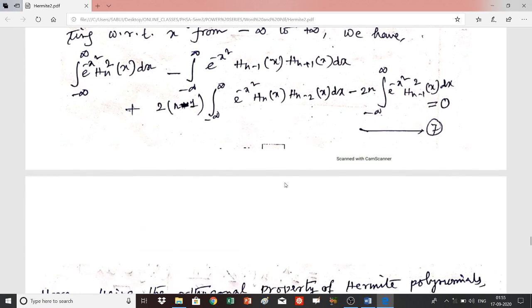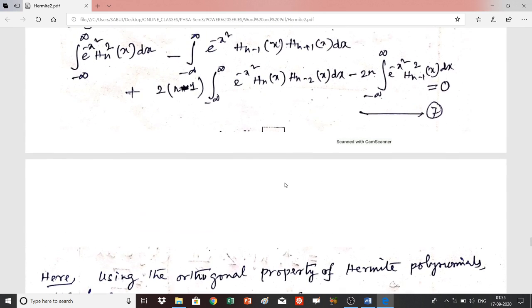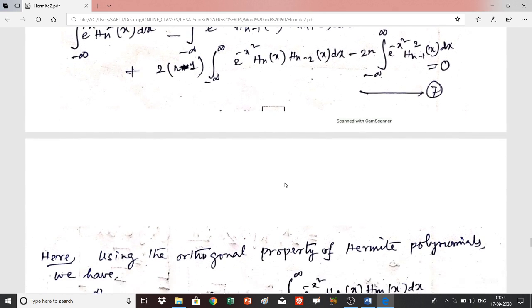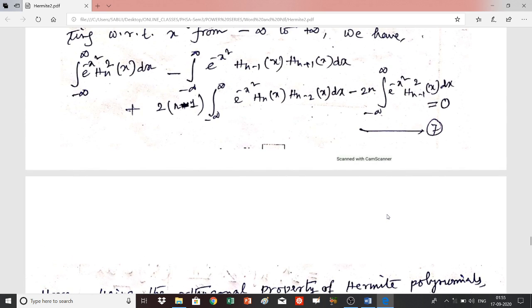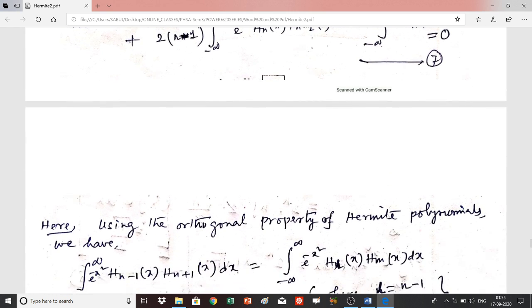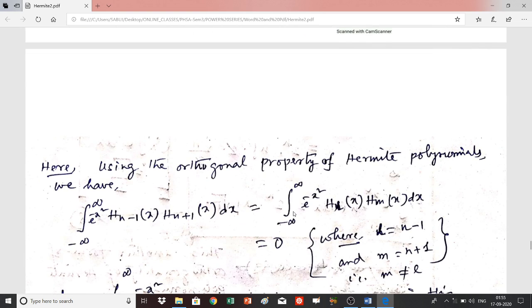From this equation, you use the orthogonal property of the Hermite polynomials that was given in the first case. The orthogonal property is the integral from minus infinity to plus infinity of e^{-x^2} H_n(x) H_m(x) dx equal to 0, where n is not equal to m.